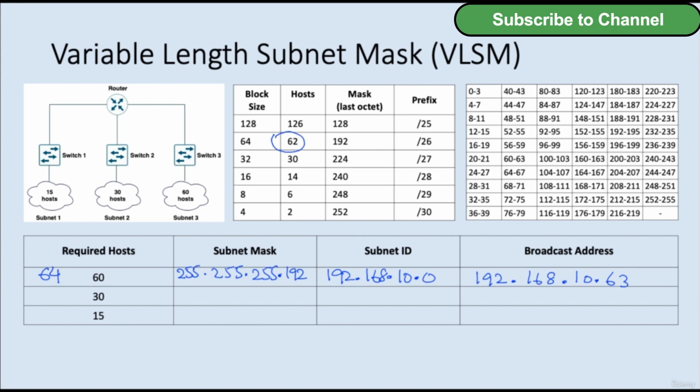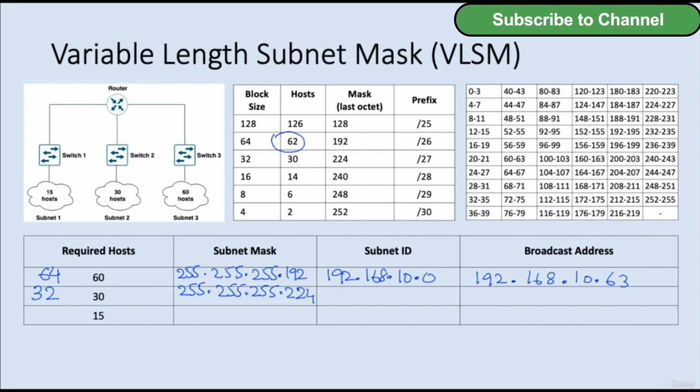And then 30 hosts are required. Yes, we can give exactly 30 hosts. For that, I will give the block of 32, and the subnet mask will be 255.255.255.224.